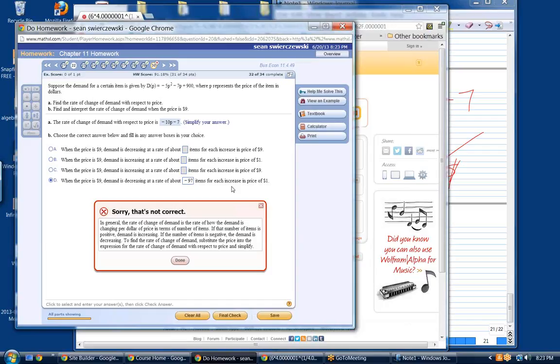That's just basic economics, and it's also the case here. As the price goes up, D of P goes down. So it's decreasing at a rate of minus 97 items for each increase in the price of $1.